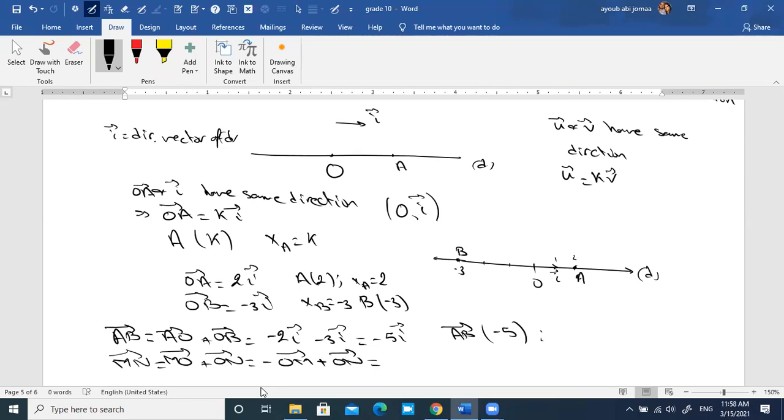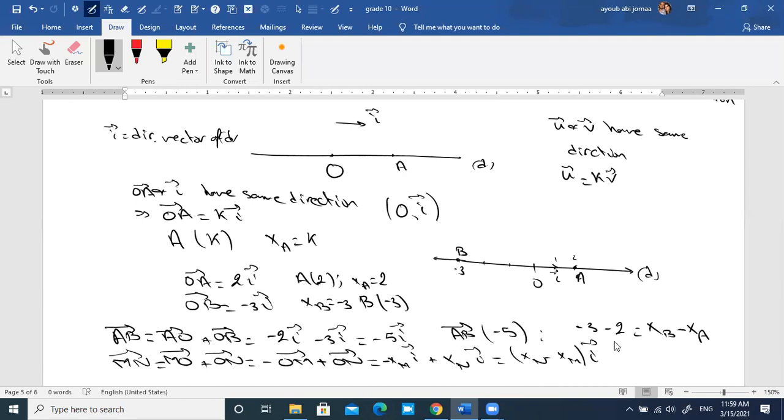If OM is XM times I and ON is XN times I, then it is equal to XN minus XM times I. So the components of vector MN are XN minus XM. As you can see here, AB was negative 5, which is negative 3 minus 2: the abscissa of B minus the abscissa of A. It is x of B minus x of A.